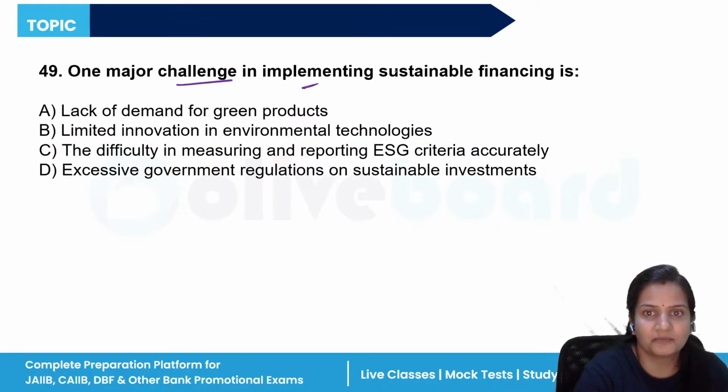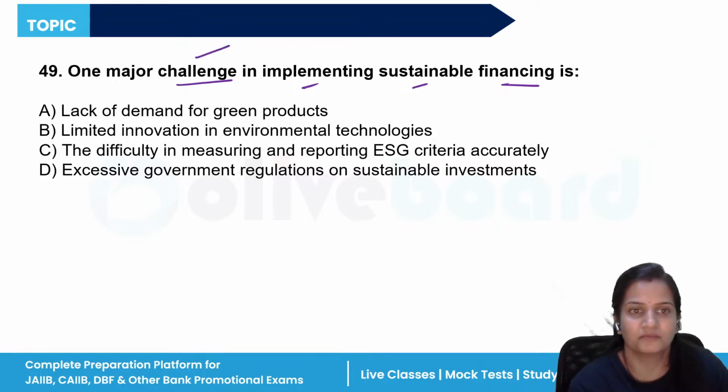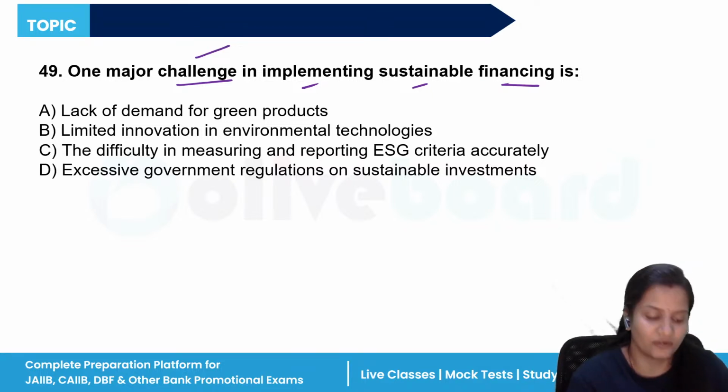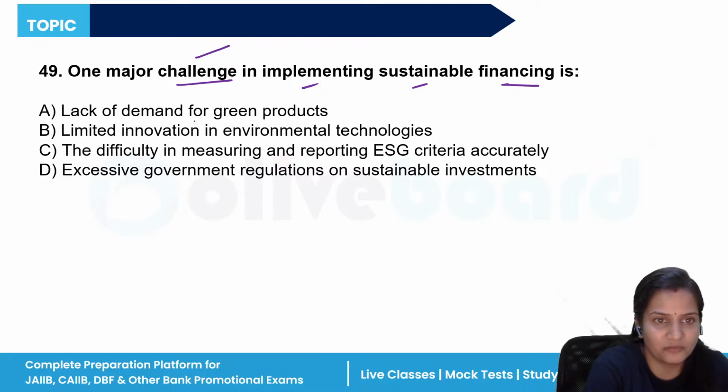One major challenge in implementing sustainable financing: what is the challenge that everyone faces in order to implement this kind of financing? Lack of demand for green products, limited innovation in environmental technologies, the difficulty in measuring and reporting ESG criteria accurately, or excessive government regulation.